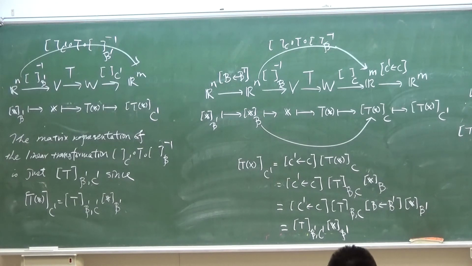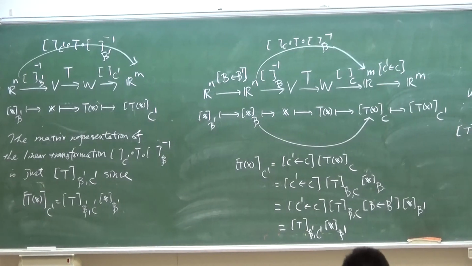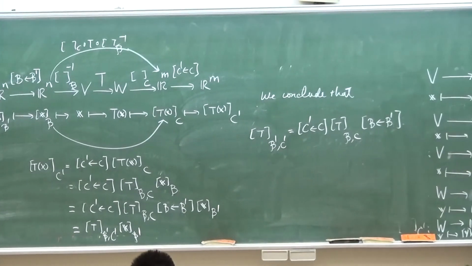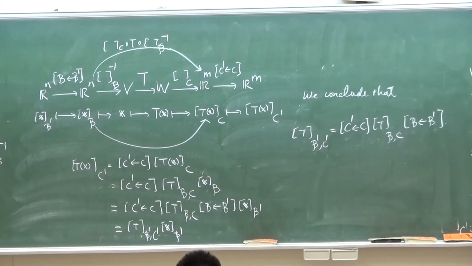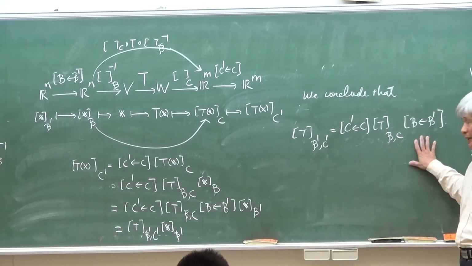And then we do the coordinate change, right? From the C coordinate system to the C prime coordinate system. And this is exactly what we want to do. Okay, so we do coordinate change in the domain.